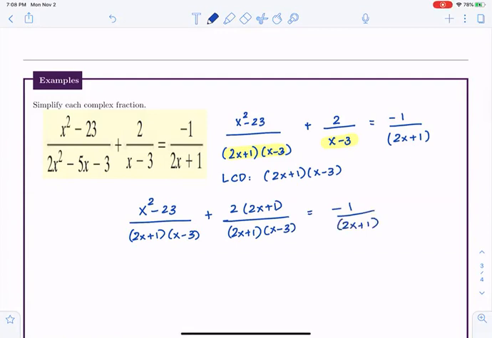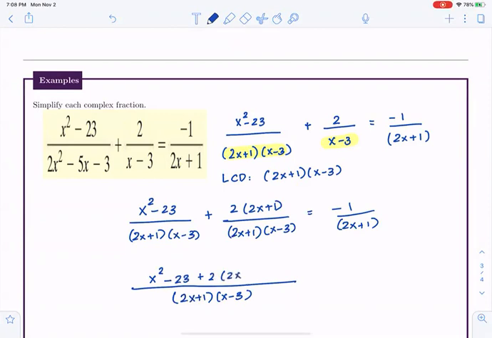Now we have a common denominator on the left-hand side, so we can combine the numerators. x squared minus 23 plus 2 times 2x plus 1 equals negative 1 over 2x plus 1.